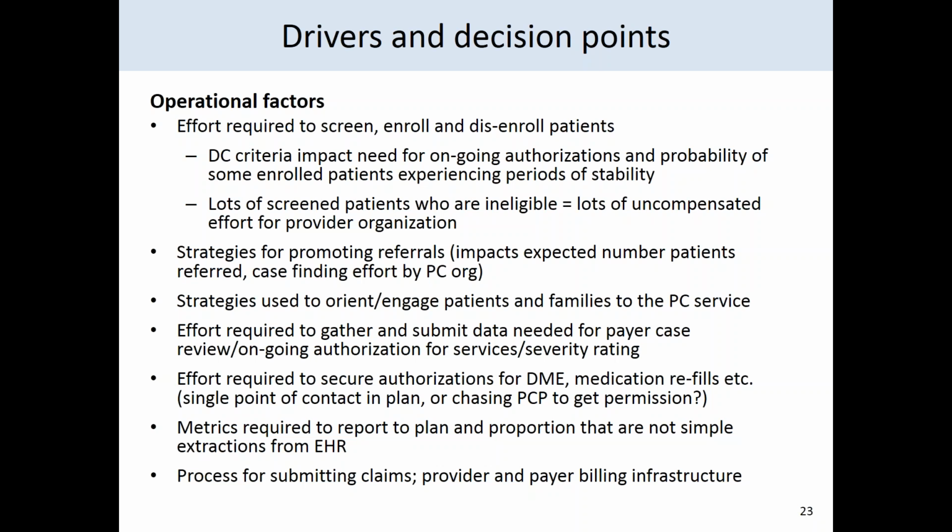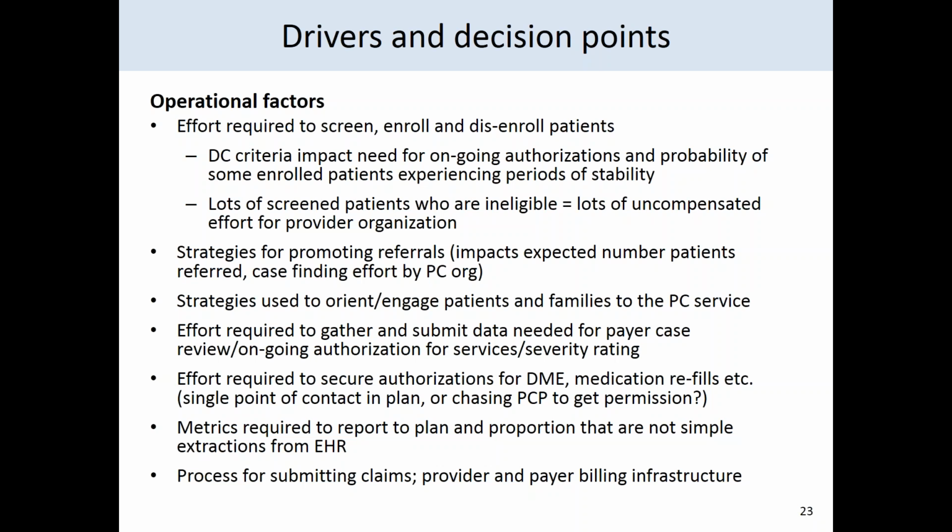So for example, you could have a single point of contact within the plan or within a referring provider group that the palliative care team can always use if they're looking to get an authorization for an enrolled patient. Alternately, if that's not in place and the provider organization needs to spend a whole lot of time trying to contact the palliative care provider, the primary care provider, to get permission to deliver services, that can be a big time sink, and it's important to account for that.